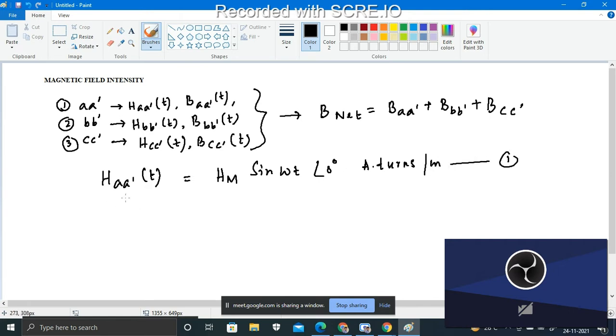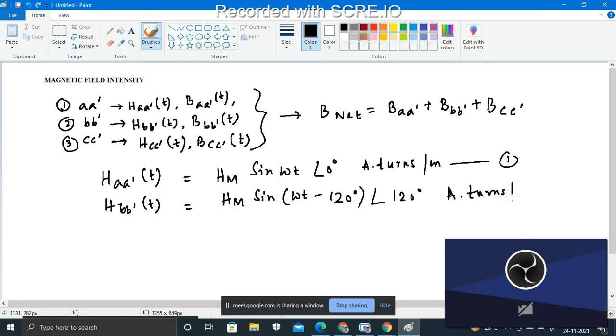Okay, we covered this one, right? Yes, sir. So H of B dash t is equal to H M sine of omega t minus 120 degrees, at an angle of 120 degrees, in ampere turns per meter.